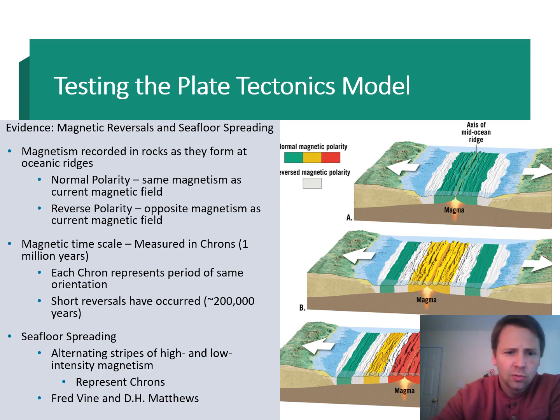There's also a gentleman or two, Fred Vine, and there's a question about this on your exercise, D.H. Matthews, where basically they were mapping the seafloor spreading, and that's what this is supposed to show, right? This is your mid-oceanic ridge here in the middle. As it spreads, these color-coded pieces are simply periods of normal magnetic polarity. There's no difference between green, yellow, red.